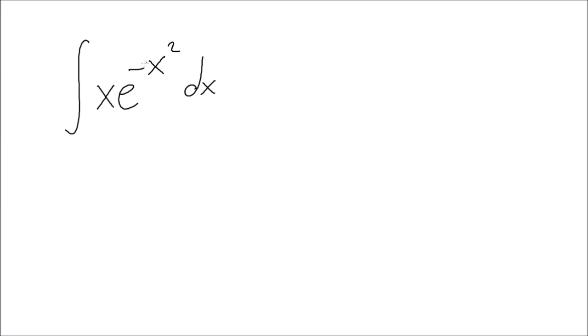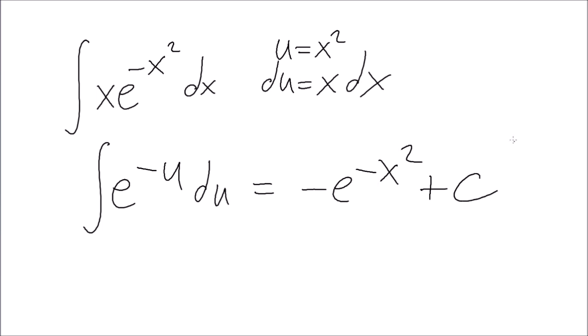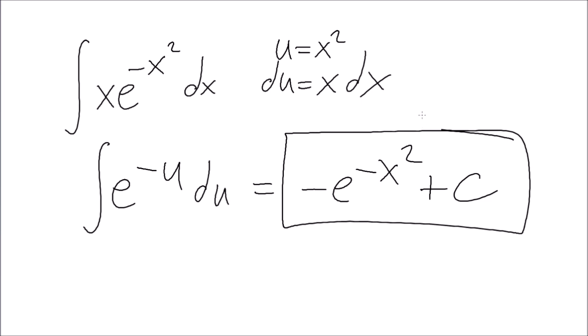We know the derivative of x squared is x, so we can do u equals x squared, and our du is equal to x dx. So our x is gone. Now we have e to the negative u du, which is just negative e to the negative u. Then just plug back in u, and this is your answer.